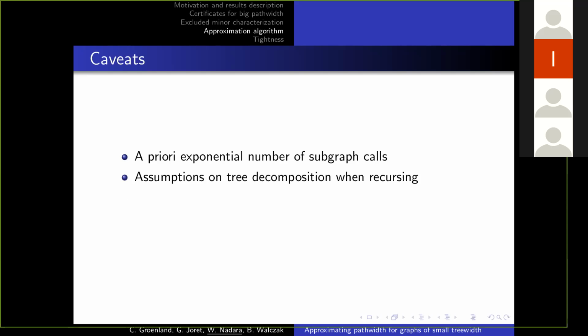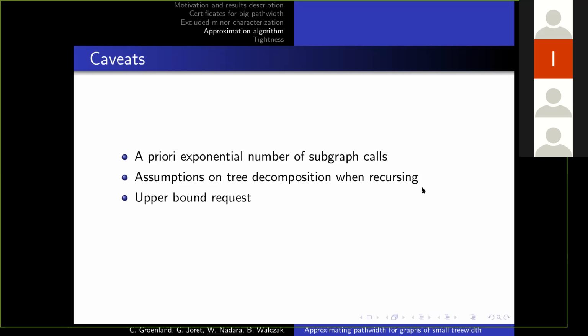After restricting, it could lose it. So in order to deal with it, we need to consider an elegant kind of tree decomposition. But that's another topic as well. We are able to find them in such a way that they behave properly when restricting to a subgraph.